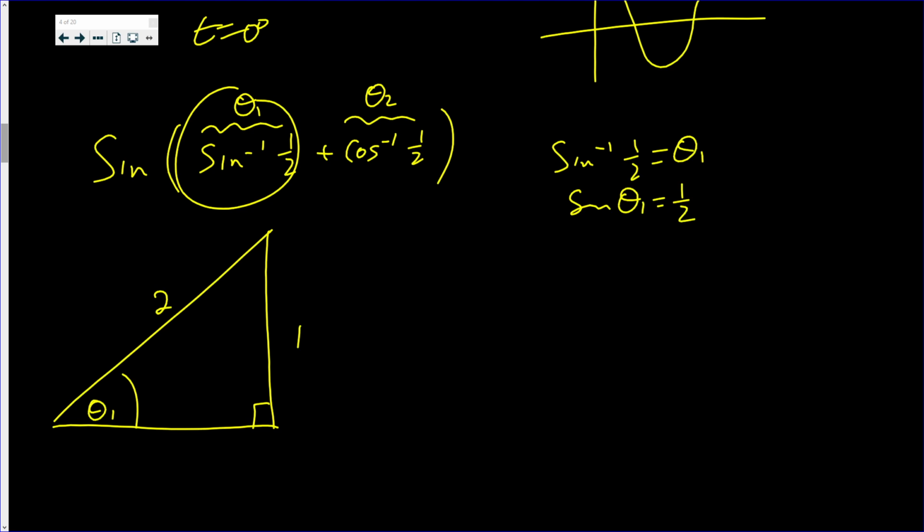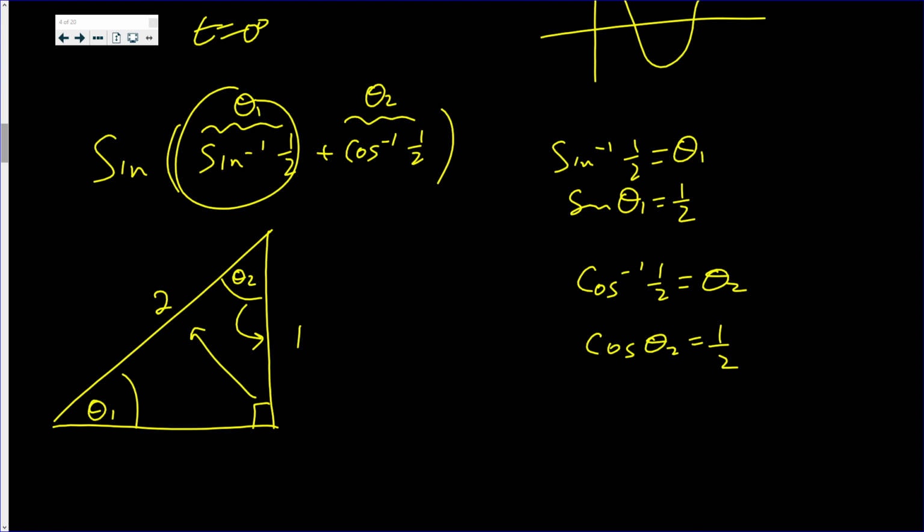Now, we also know that the cosine inverse of a half is theta 2. That is, the cosine of theta 2 is a half. Oh. The cosine of that angle, adjacent over hypotenuse, is a half. Oh. That's theta 2.